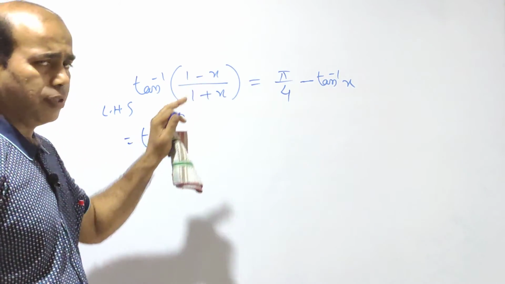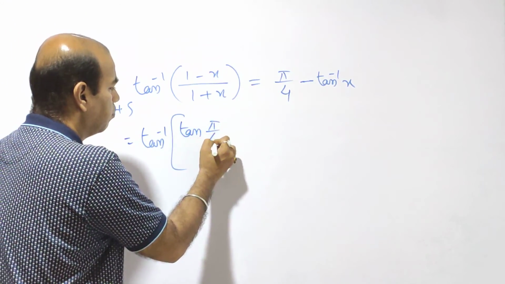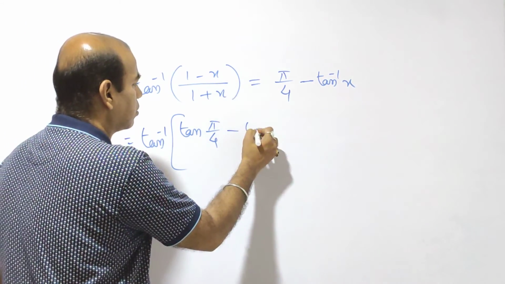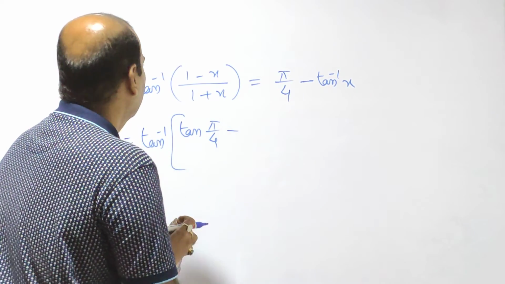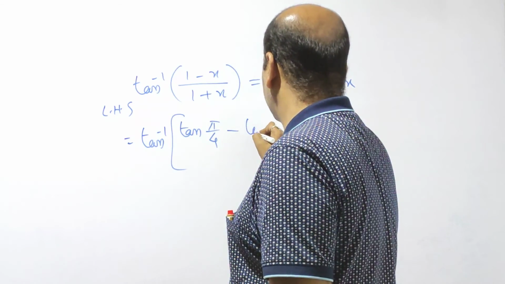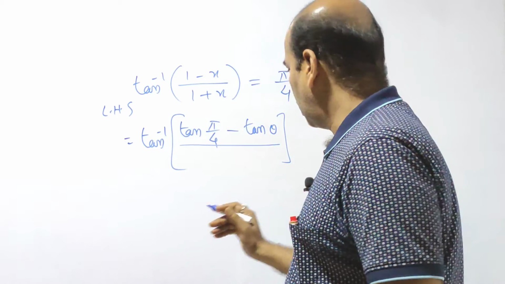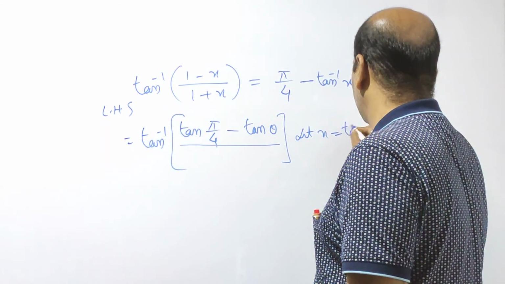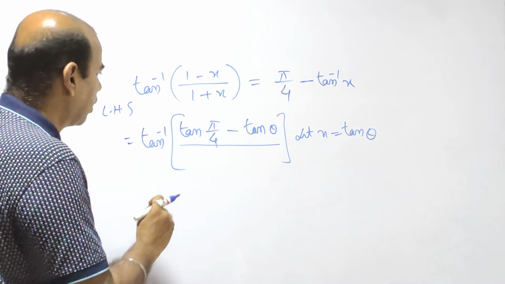In place of 1, as you all know, it is tan pi by 4, meaning tan 45 degree, minus x. Let me take x as tan theta. So I am writing here, let x equal to tan theta.